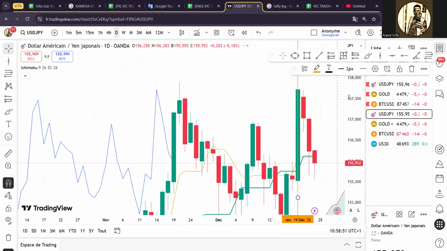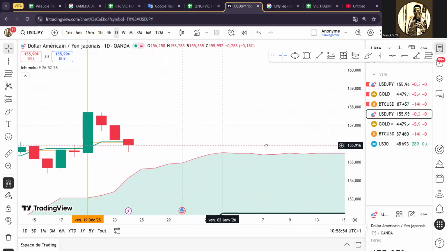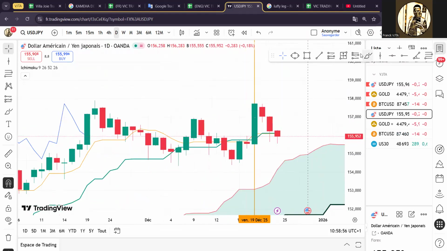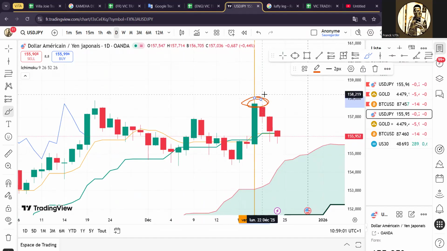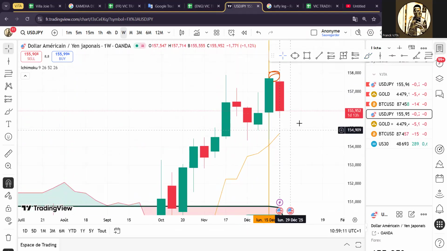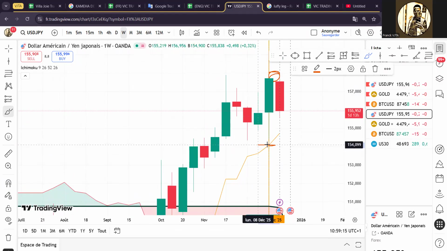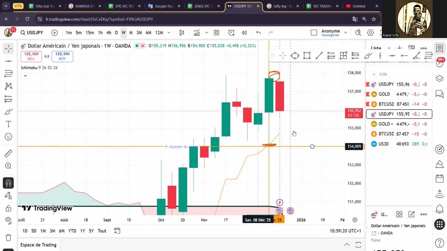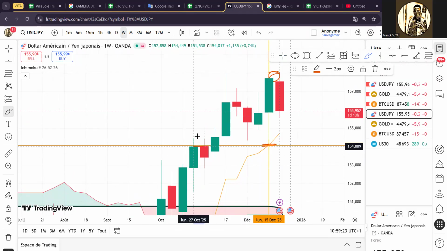Secondly, when you go on daily, what do you have on daily? What you have on daily is that the candles are inside the empty space. So it's an obvious reversal. And even on weekly, what you see is that when we were at this level, the weekly Tenkan was hitting the VRS resistance of this red candle at this level.